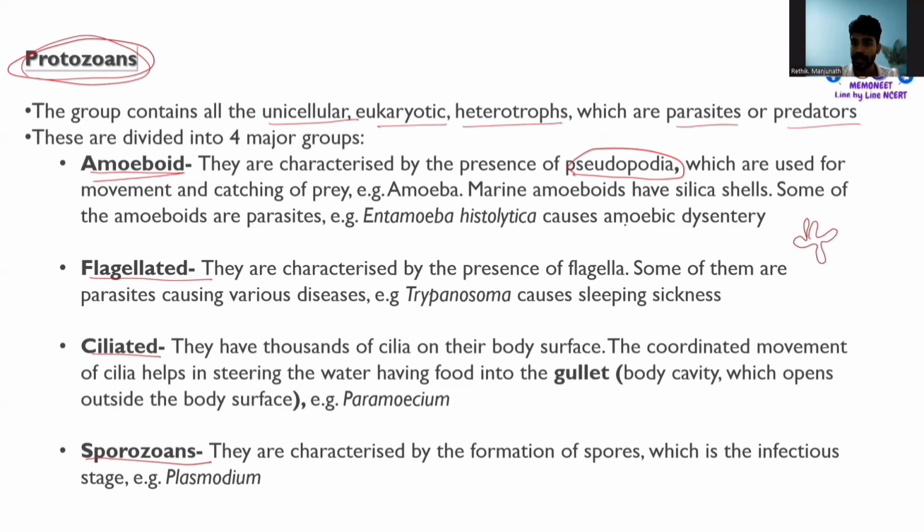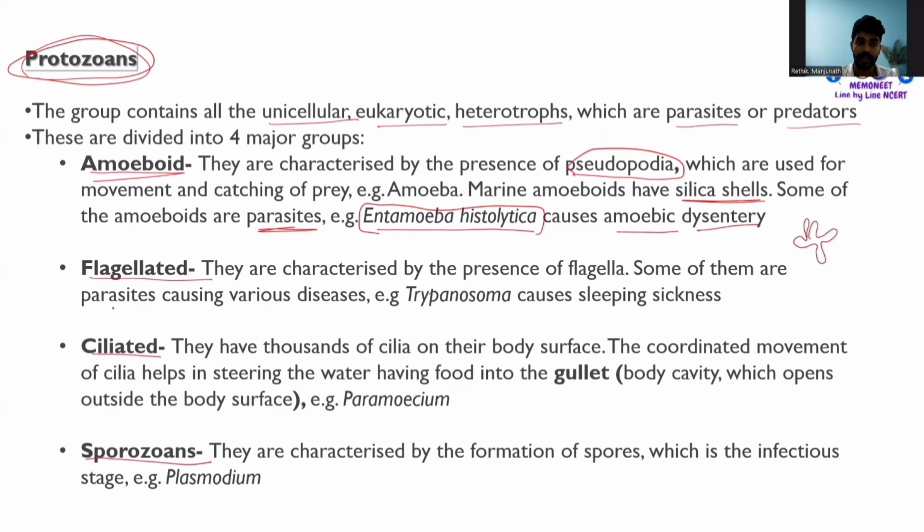Marine amoeboids normally have a shell, and some amoeboids are also parasitic. For example, Entamoeba histolytica, which causes amoebic dysentery.